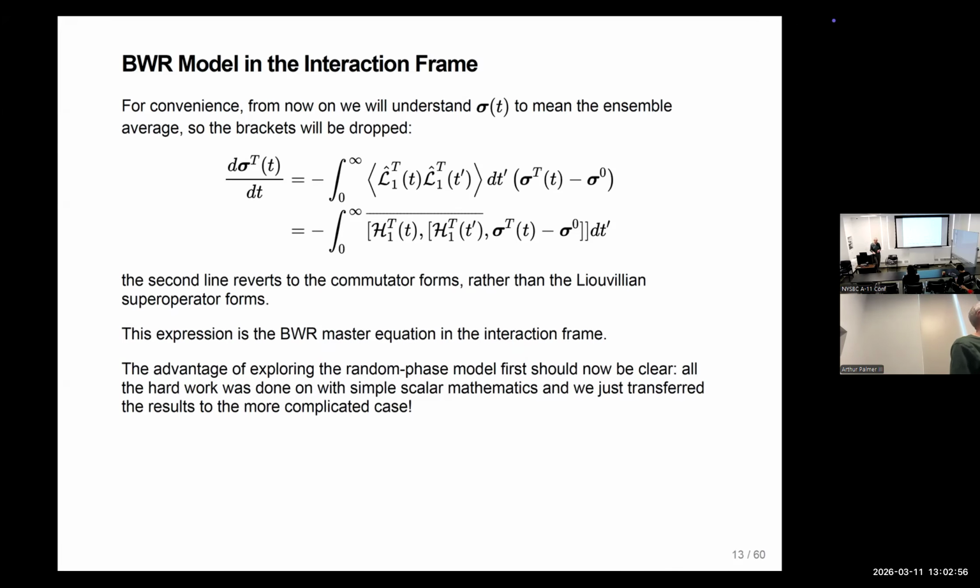So we're going to continue with relaxation theory. Why does that show up?